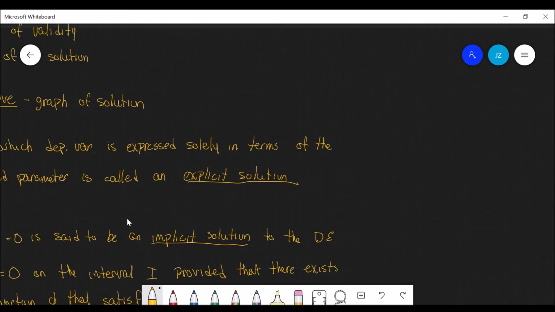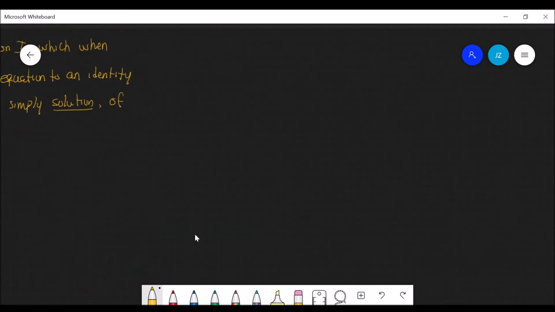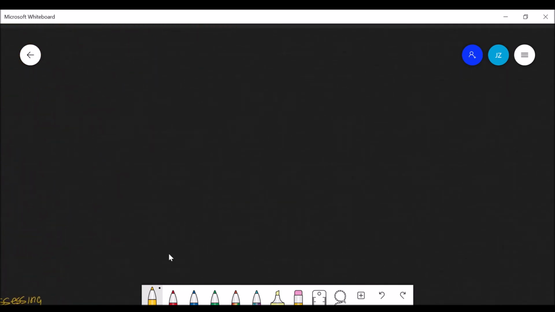Now, let's look at how to show that a function is a solution to a differential equation.